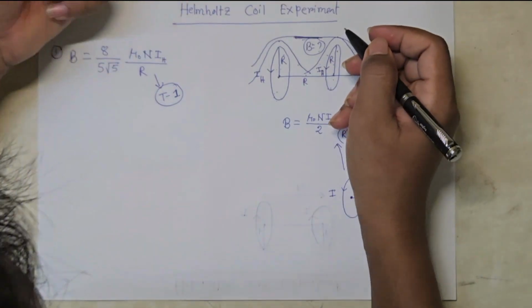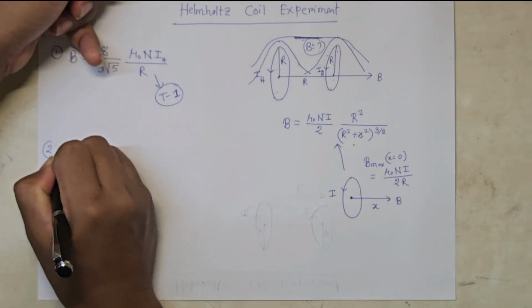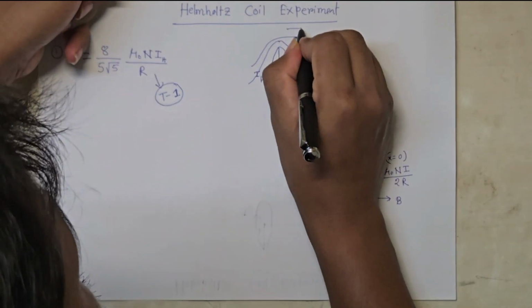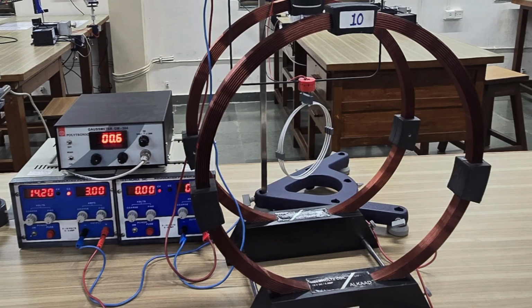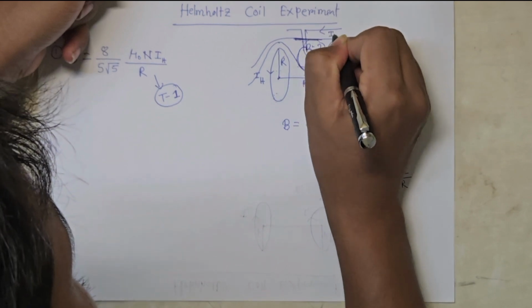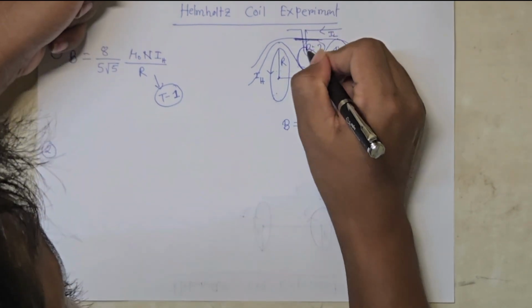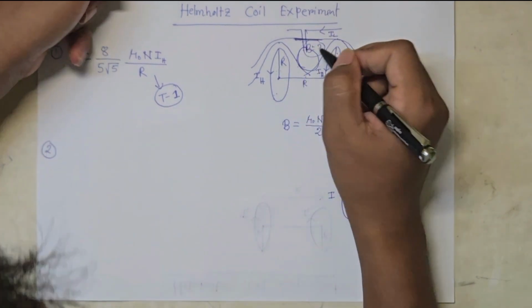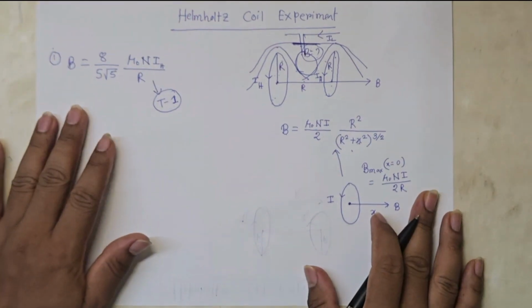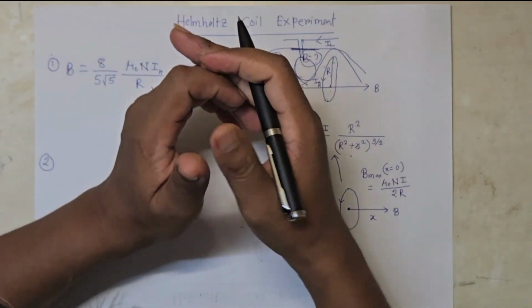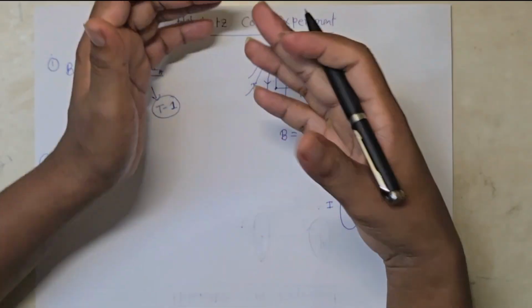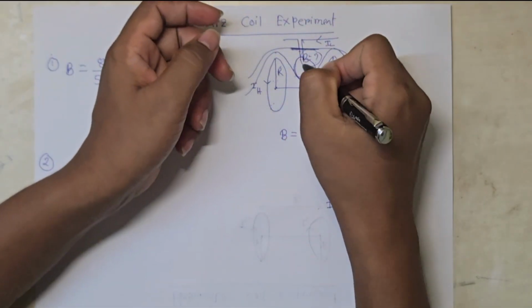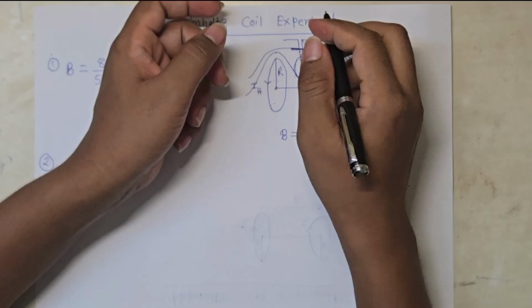Now what happens if we put some current carrying loop in between these two coils? Suppose this carries current I_L. We place a current carrying loop here. You know that when you place a current carrying loop in a magnetic field, this loop will experience torque, and due to torque it will rotate in the magnetic field.